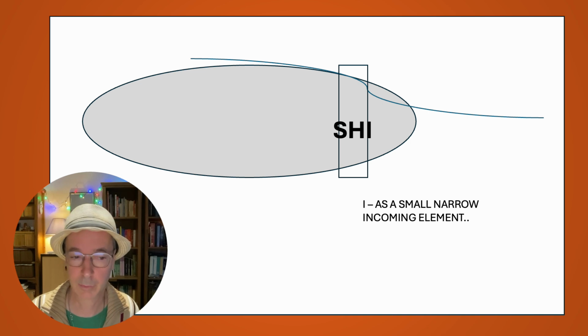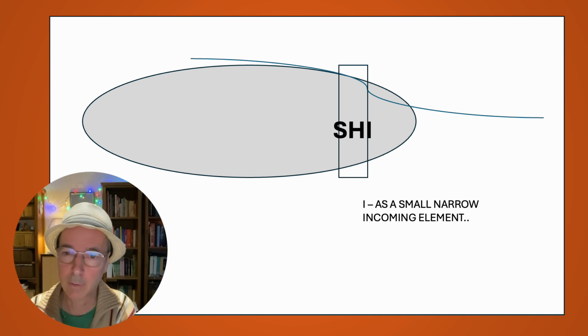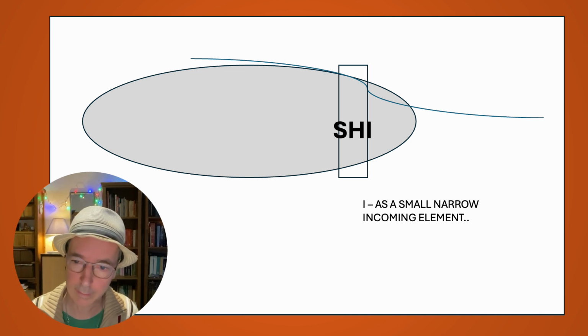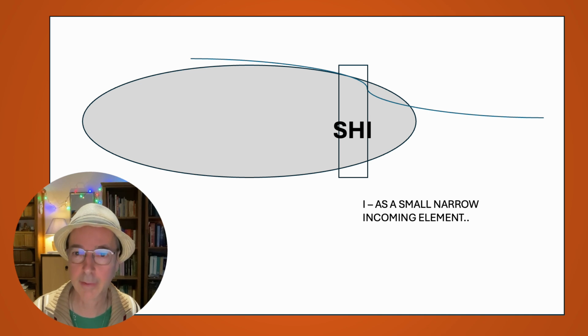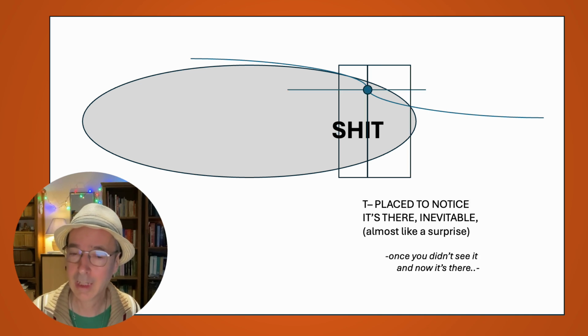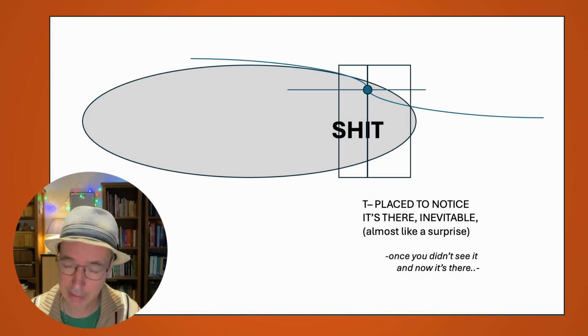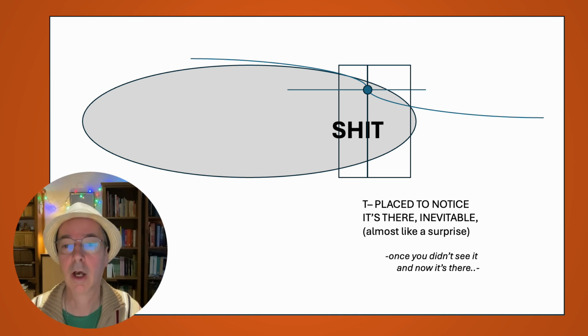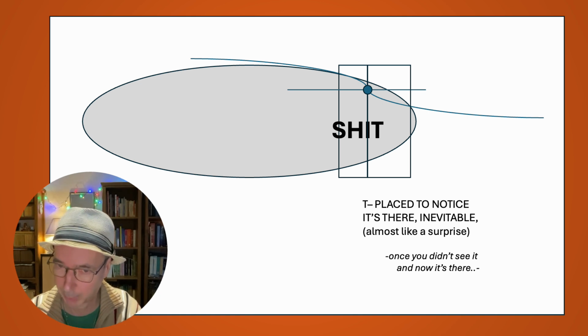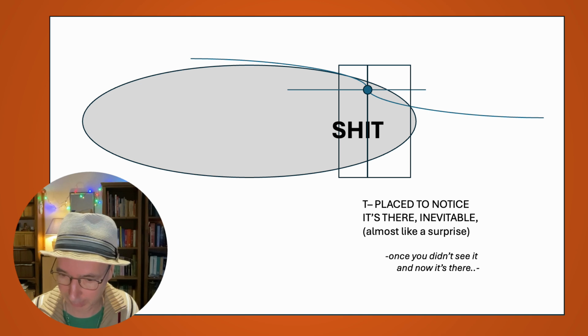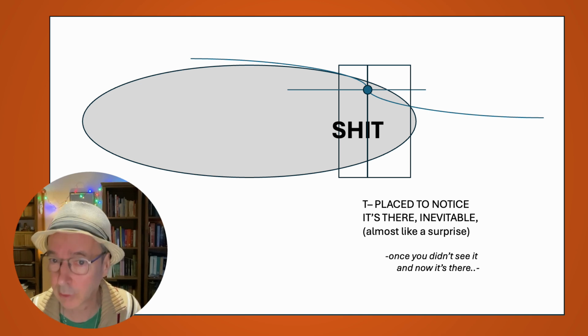And it will narrow it down to one incoming element that makes it so that when it ends with T, T is a position in a place, in a space, a real position, pinpointing to a place where I can do something with it.